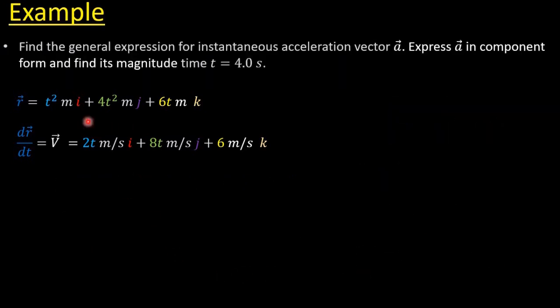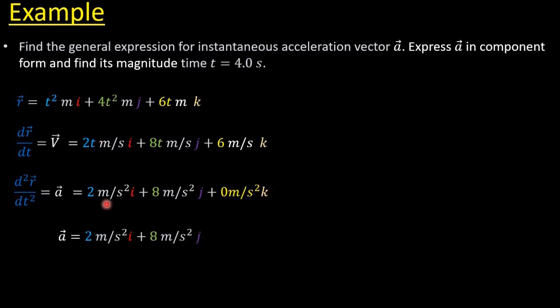So find the general expression for the instantaneous acceleration vector a, express a in component form, and find its magnitude when time t equals 4 seconds. So there was our function there, and here was our general expression for velocity. So to get acceleration, we just take the derivative of that, and we get 2 meters per second squared in the i direction, 8 meters per second squared in the j direction, and 0 meters per second squared in the k direction. And it's just going to simplify down to this.